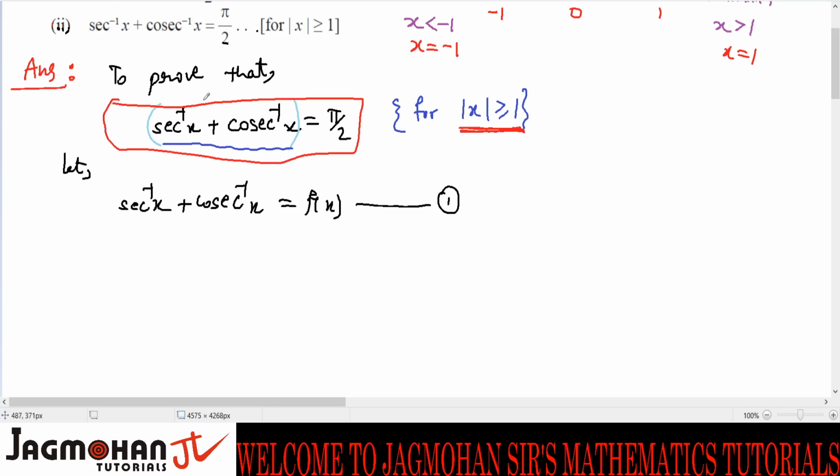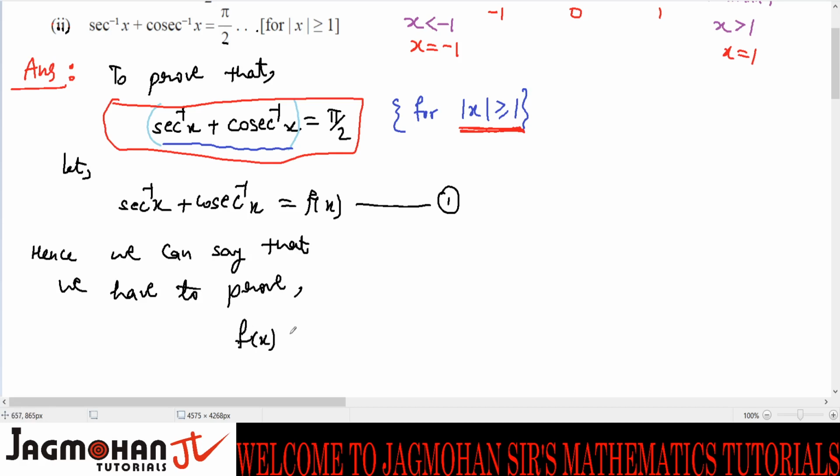Hence we can say that we have to prove f of x equals pi by 2.